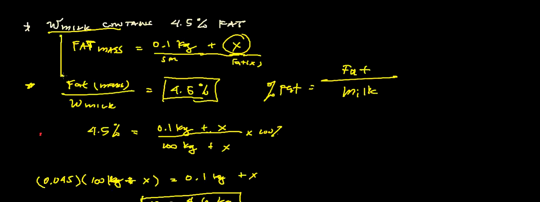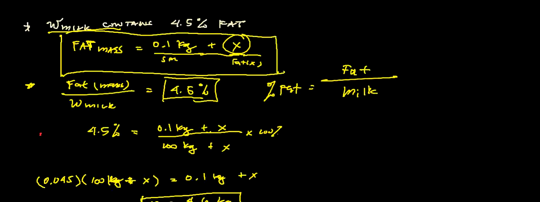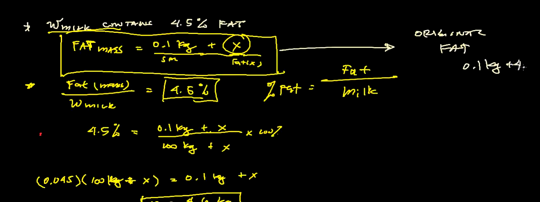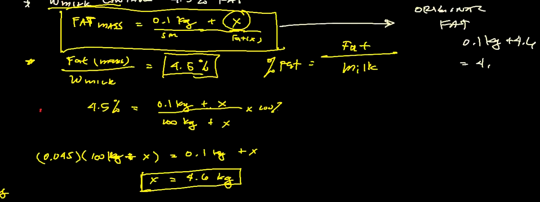So our original fat is 0.1 kilogram plus 4.6, which is equal to 4.7 kilograms.